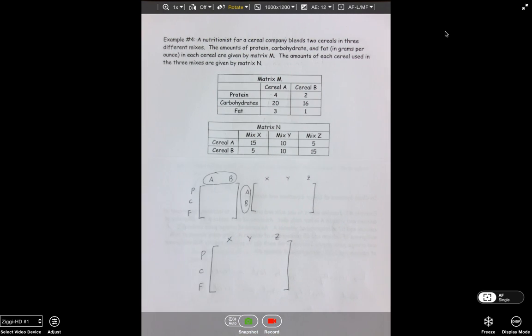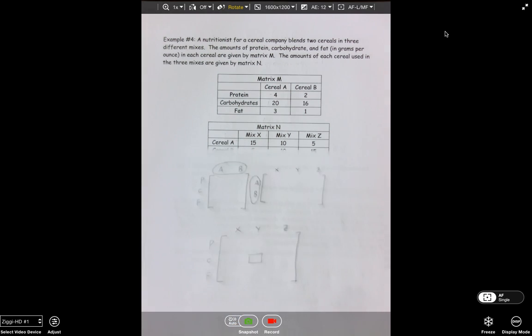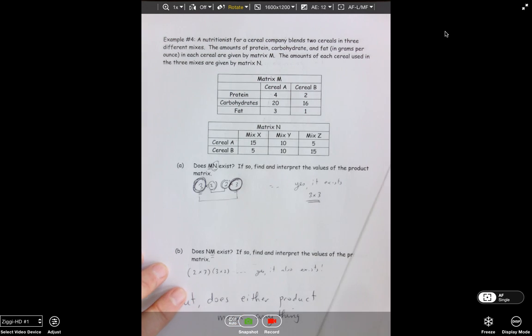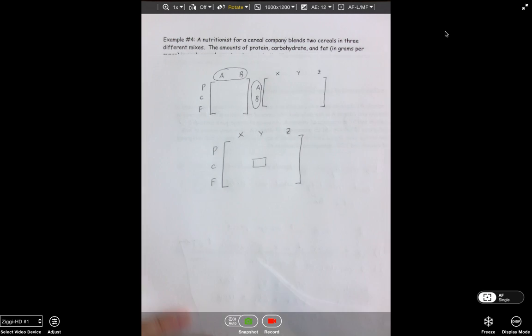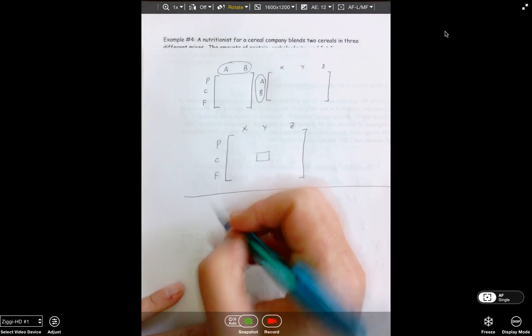So for example, when we multiply these two matrices together, whatever number goes right there is going to tell us the total number of carbohydrates in mix Y. So these values are going to be meaningful. Now, let me give you an illustration of where it wouldn't be meaningful, and where we can't interpret. Let's change it. Let's put this over here.